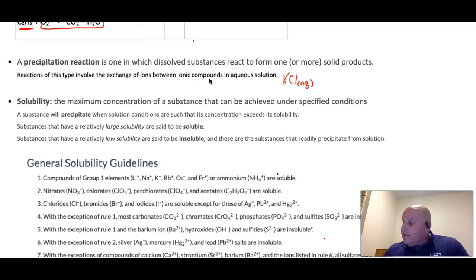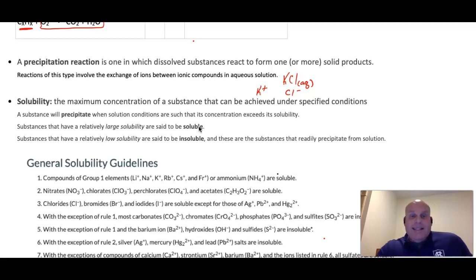That aqueous tells me that this is ions. This has been dissolved into ions. So I have potassium ions and chlorine ions, not the ionic compound KCl. We have to do that when we're doing reactions to free up those ions so that they can potentially form with other ions and form precipitates. And then we would see a reaction.